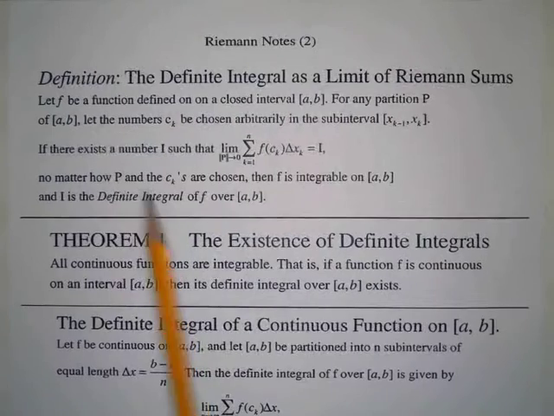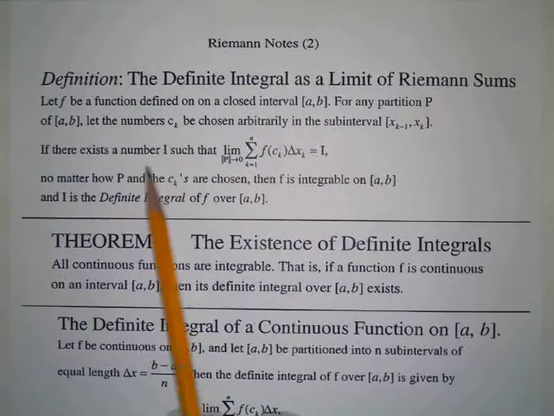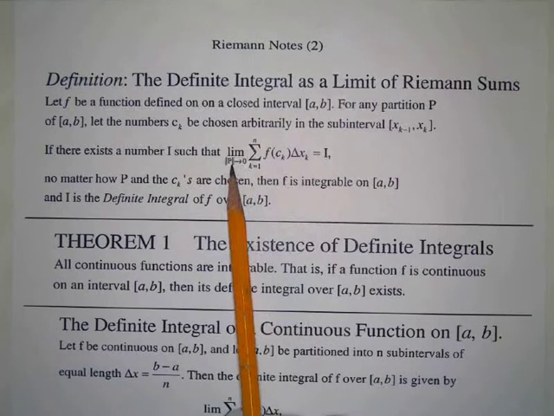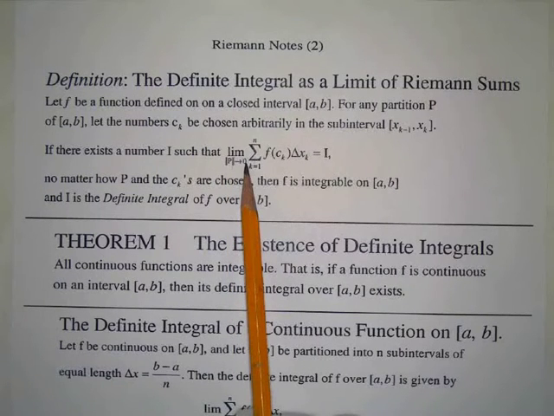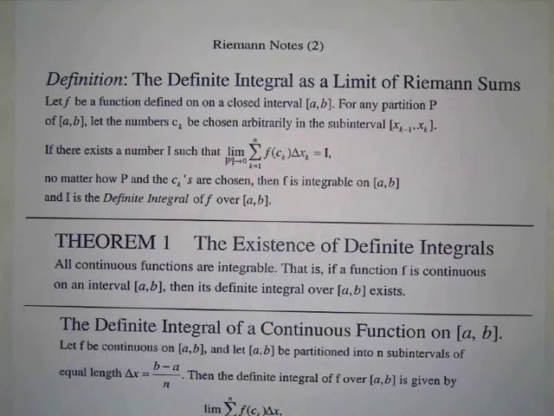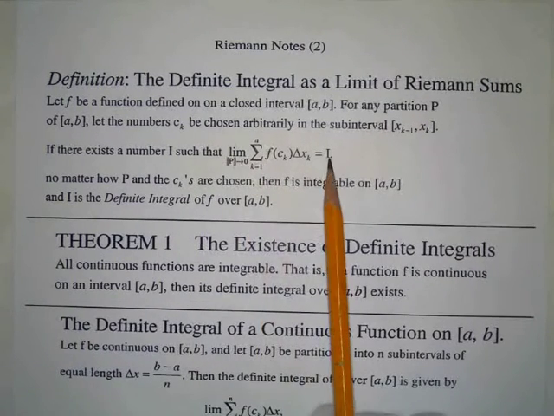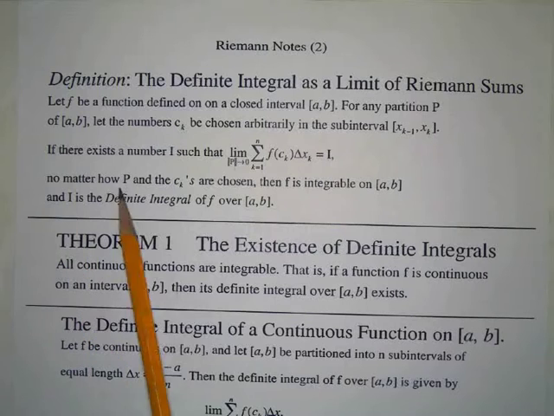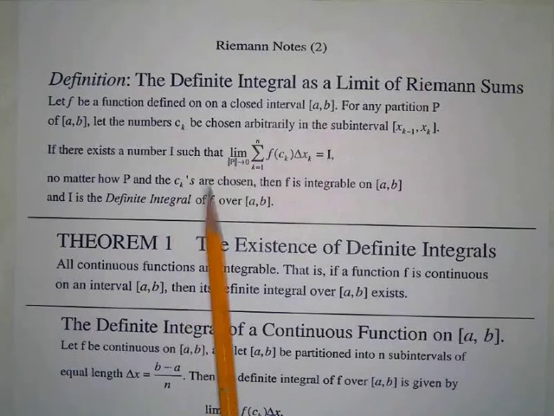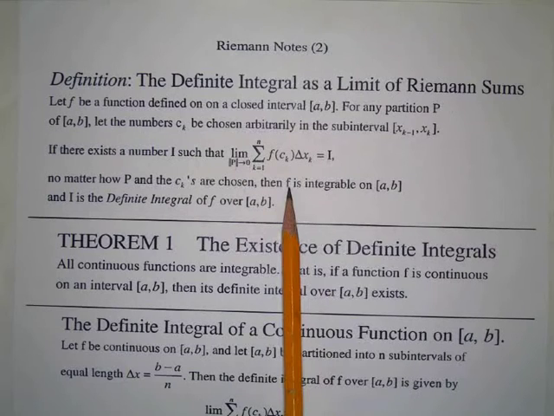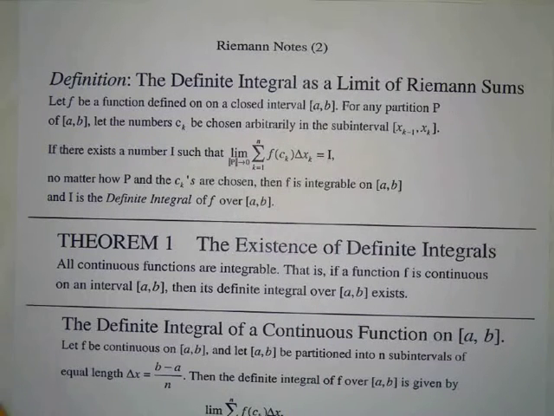Okay? So what Riemann says is, if there exists a number I such that the limit as the norm, the largest subinterval, approaches 0, or in other words, the number of rectangles approaches infinity, of the sum of all these areas equals some number I, no matter how P and the c sub k's are chosen, then the function f is integrable on [a, b].